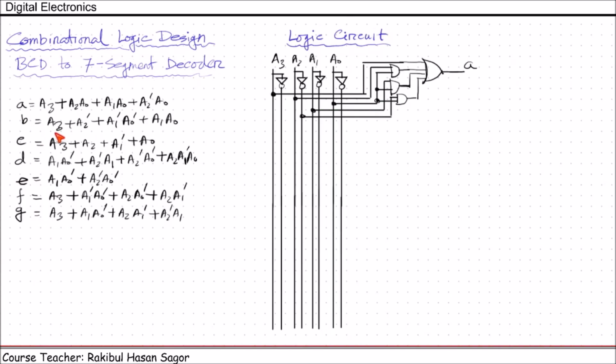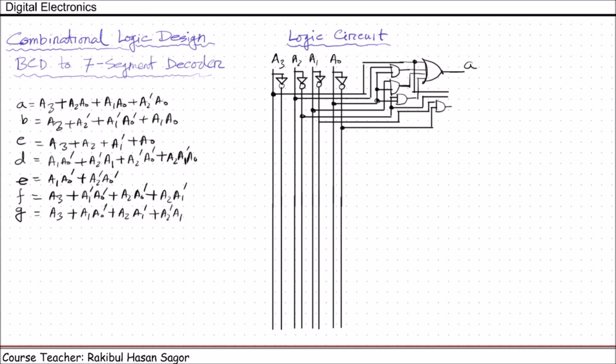Now for function B, we have A3 plus A2 prime. A3 can be taken from here. A2 prime can be taken from here. These two are connected. Next, A1 prime, A0 prime. They will be ANDed.